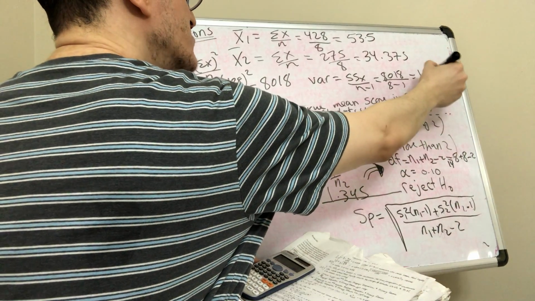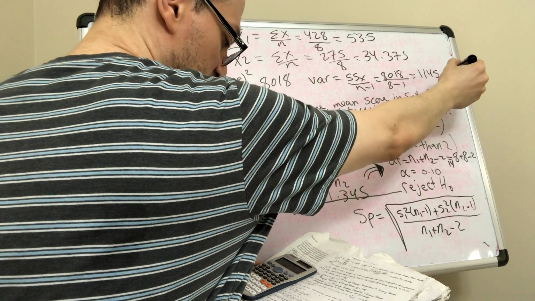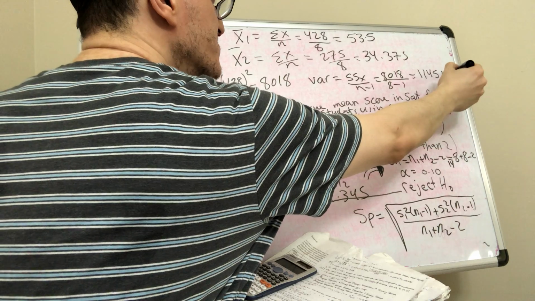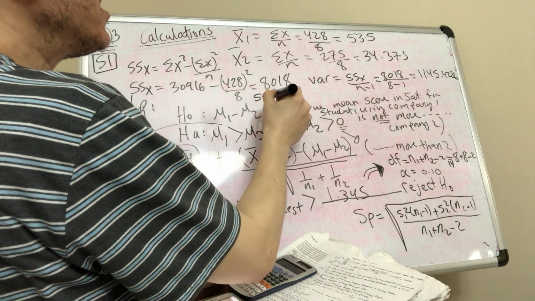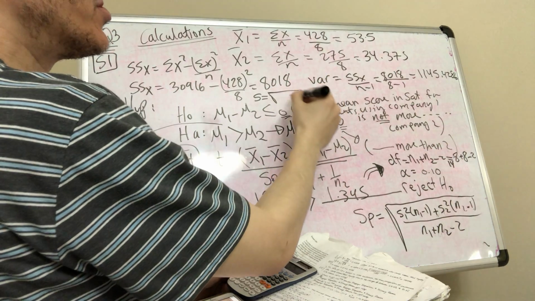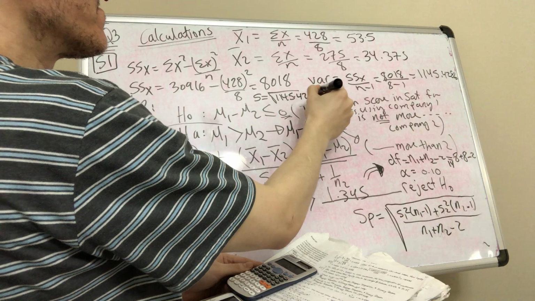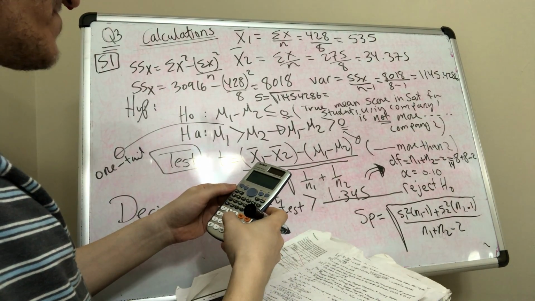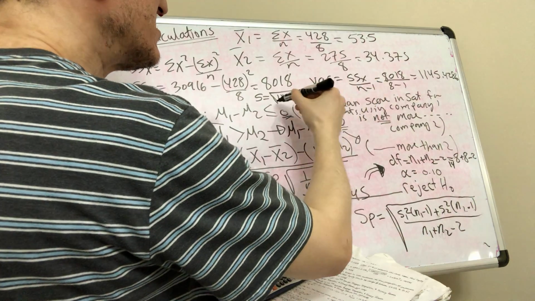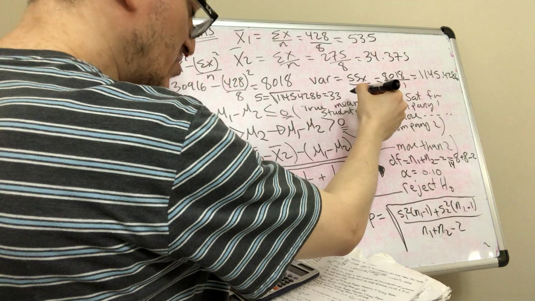You get this number, 11454286. And your standard deviation would be the square root of the variance. So you square root this number, you get the standard deviation, and that's 338442.